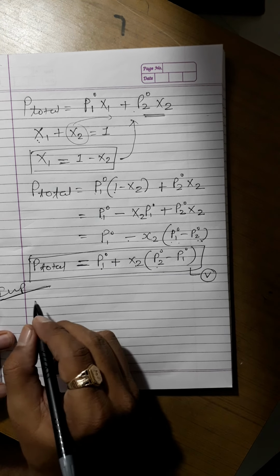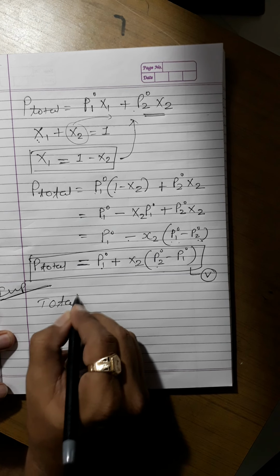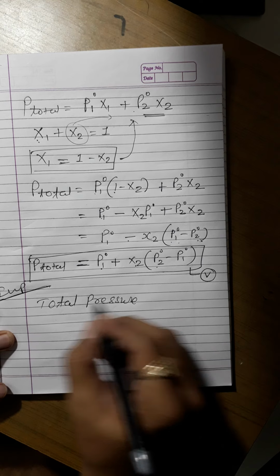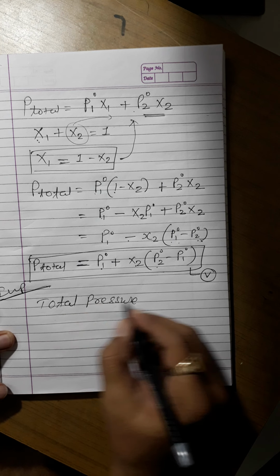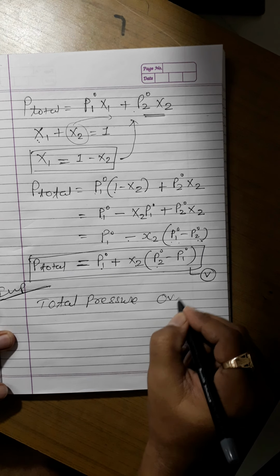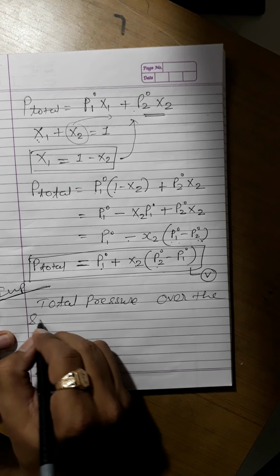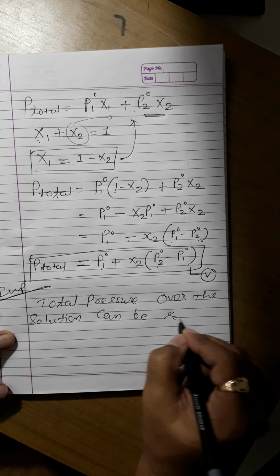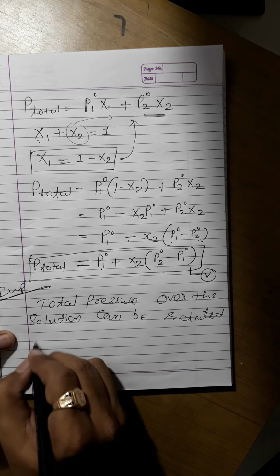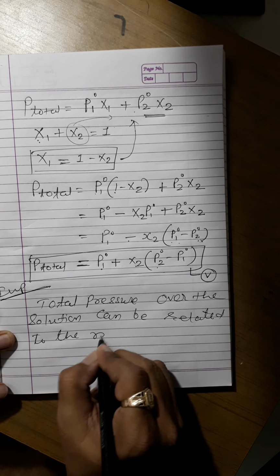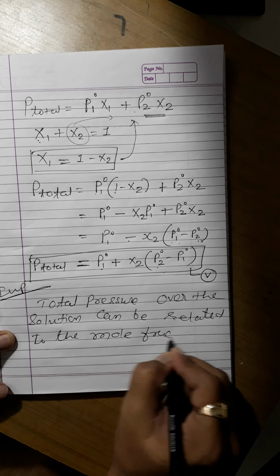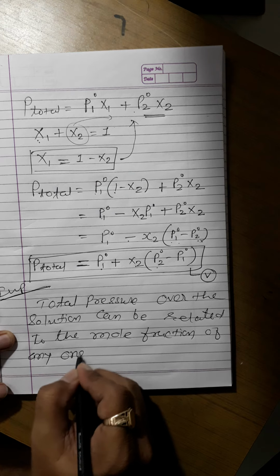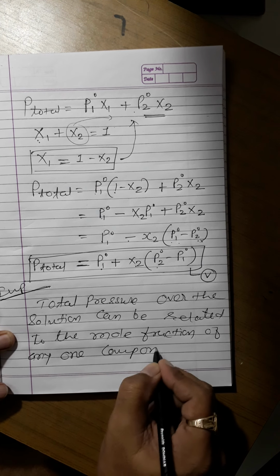So we can conclude one important thing, that always total pressure or total vapor pressure over the solution can be related to the mole fraction of any one component, friends. Please concentrate.